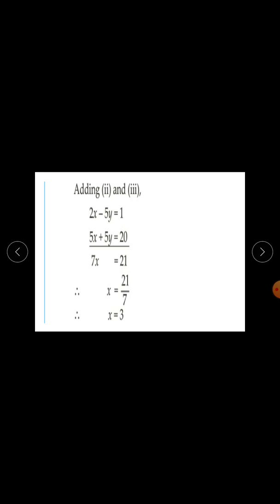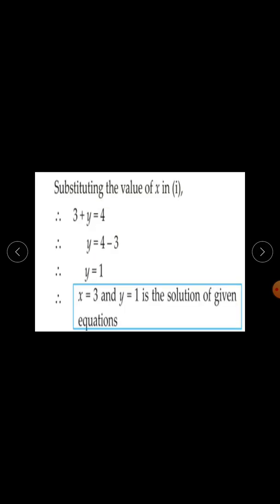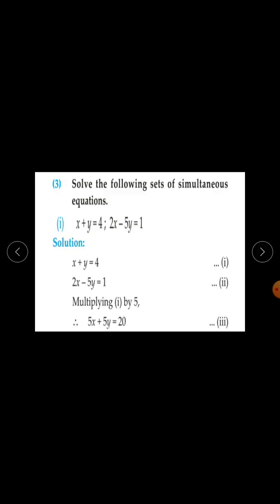Now find y. Substituting the value of x in equation 1. You can substitute in 1, or in 2, or in 3. Your equation 1 is x plus y equal to 4.